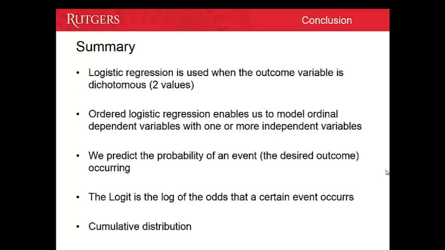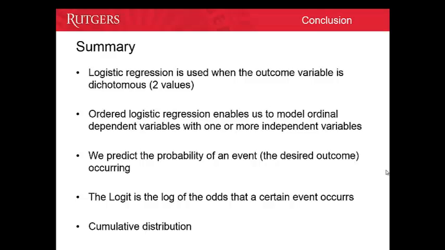Now, to conclude the lecture today, we talked about logistic regression, and we said that it can be used whenever we had a dichotomous outcome variable or dependent variable, which means it can take a 0 or 1 value, yes or no. We also talked about ordered logistic regression, which works when we have ordinal dependent variables.